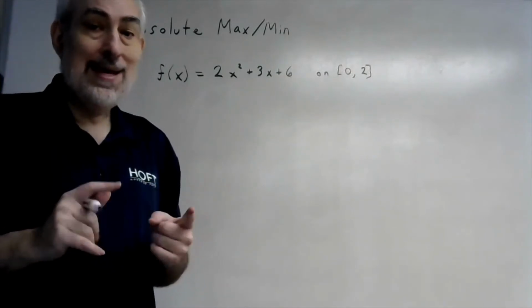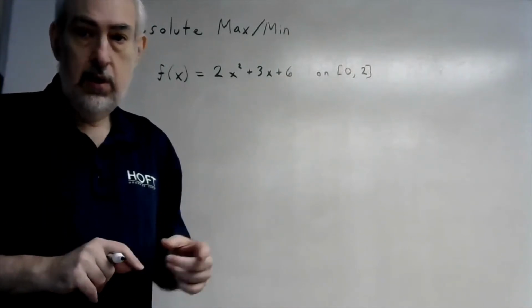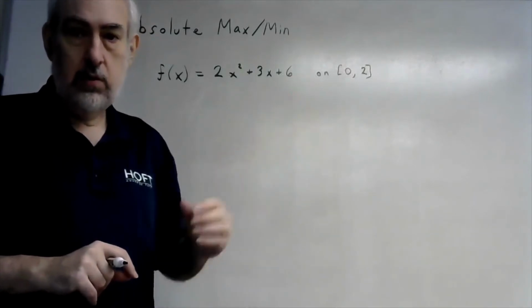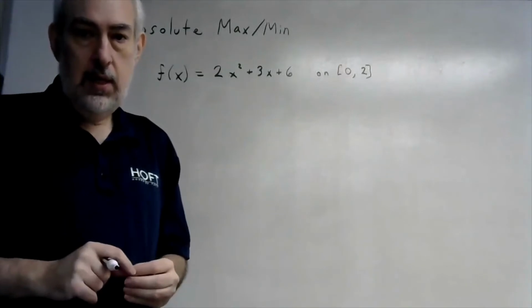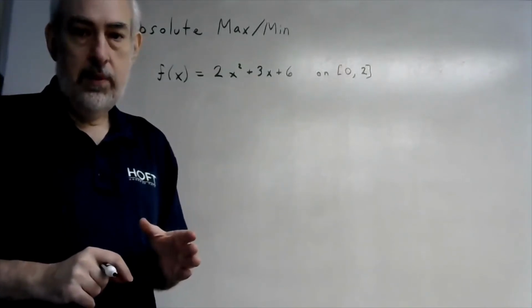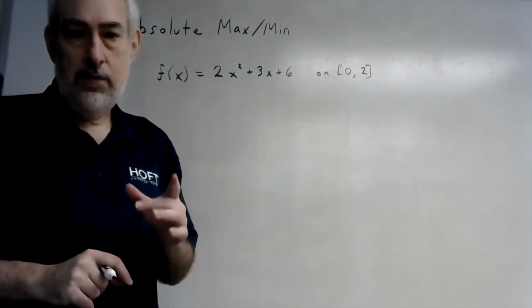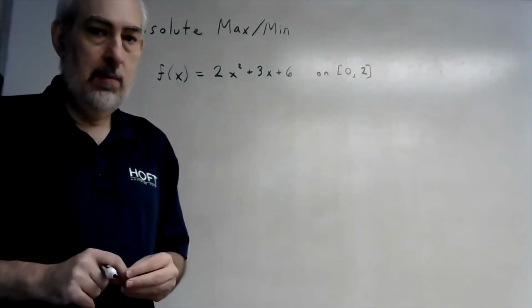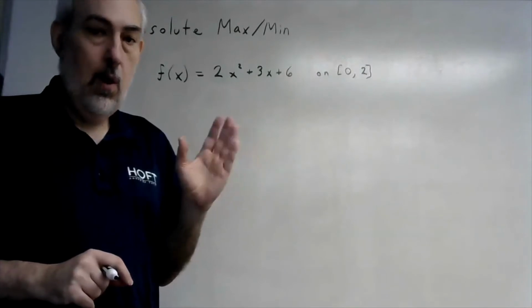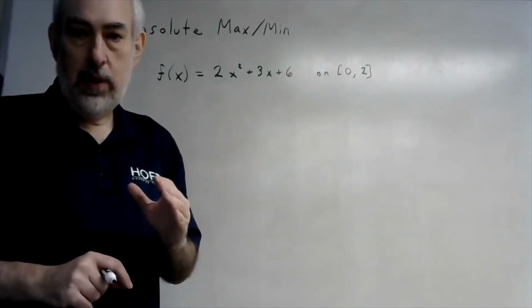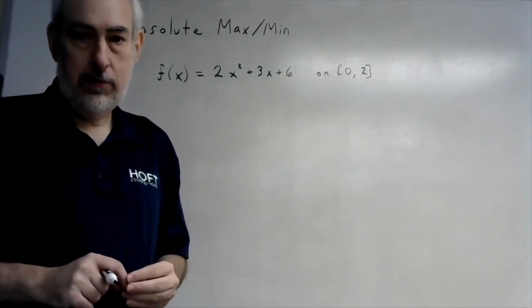If you have a continuous function on an interval like 0 to 2, then it is guaranteed that your absolute max or minimum will exist, and furthermore, it is either going to be at one of your two endpoints or at some critical point in between your two endpoints.